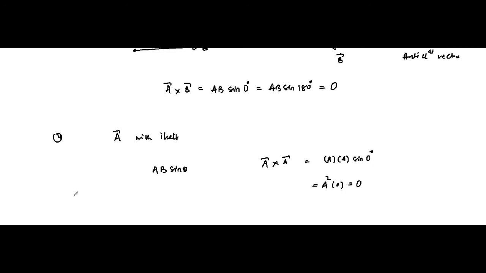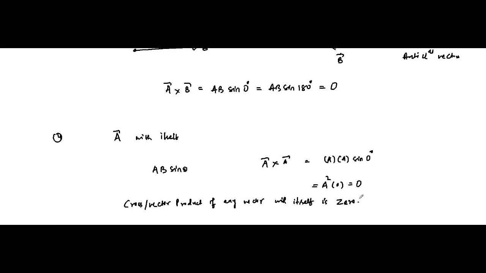So from this we can conclude that the cross product or vector product of any vector with itself is 0. So this is the fourth property.